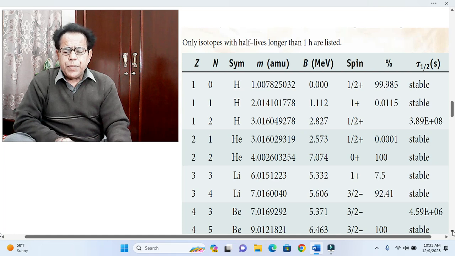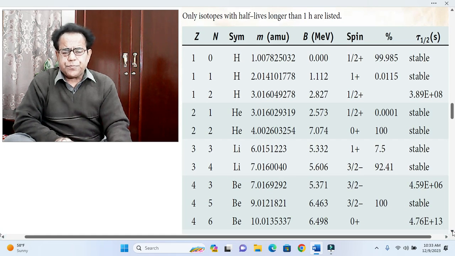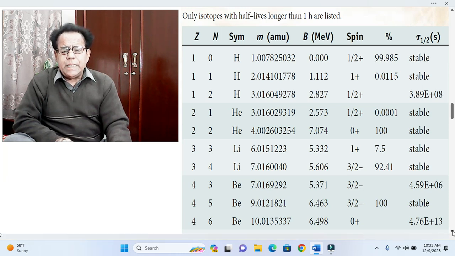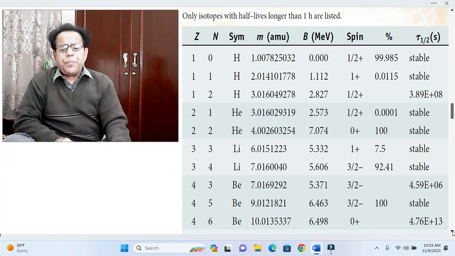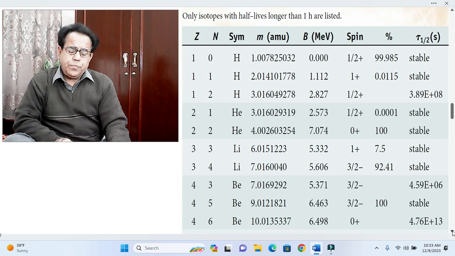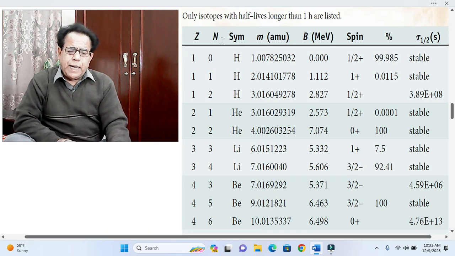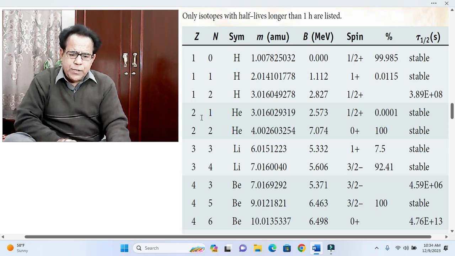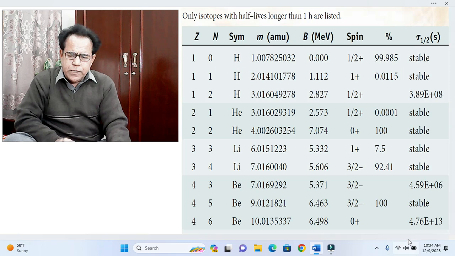This table contains Z, the atomic number, then N, the neutron number, atomic mass, and mass number. Here we see 1, 1, 1 for hydrogen, then 2, 2 for helium, then 3, 3 for lithium, and 4, 4, 4 for beryllium.